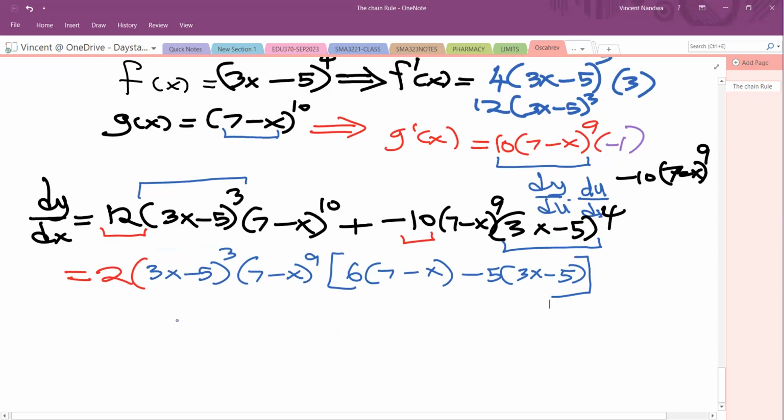So then now you can say this will give us 2 into 3x minus 5 power 3, 7 minus x power 9 into, this is 6 times 7 is 42.